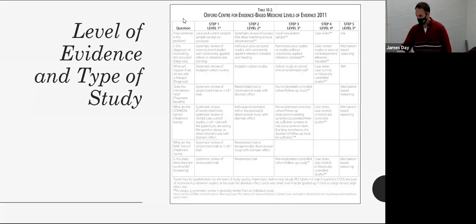So this chart here is worth taking a look at in your own time if you have specific questions. But this also goes through and talks about how different levels of evidence are appropriate for different types of conditions.